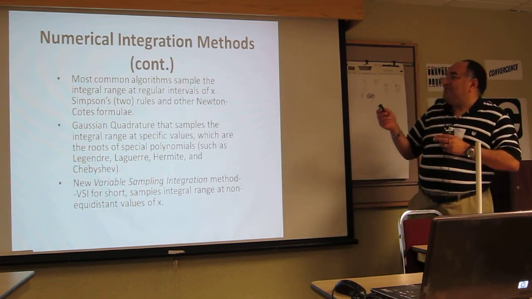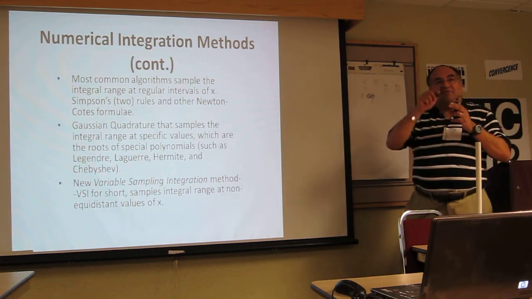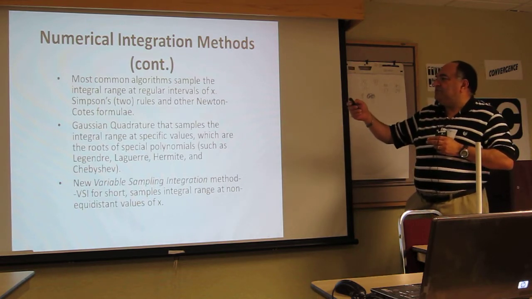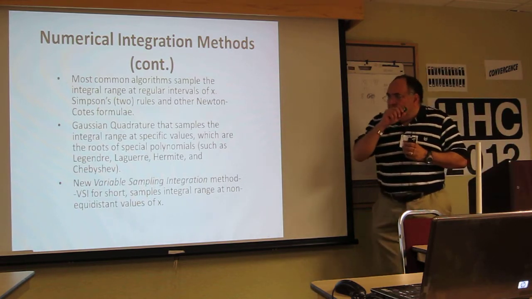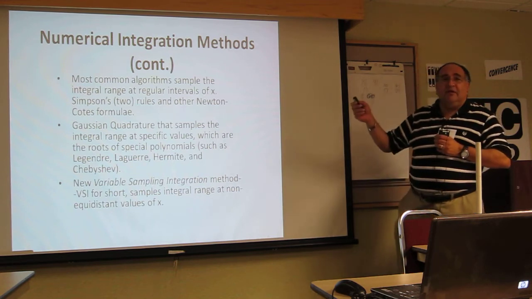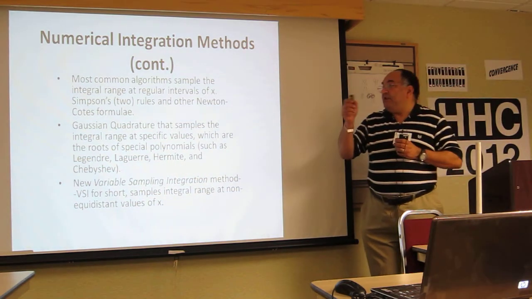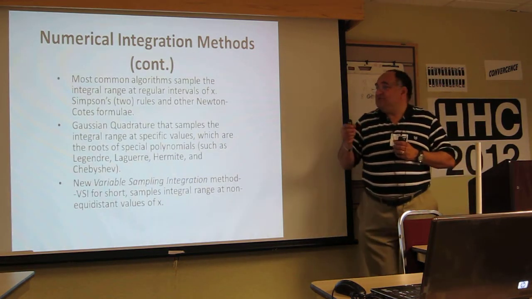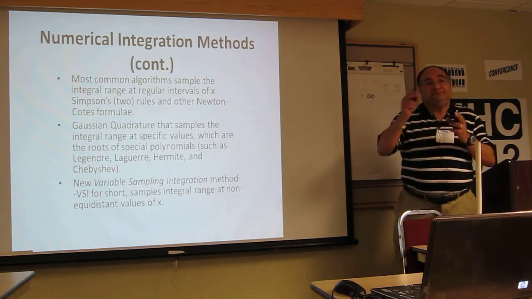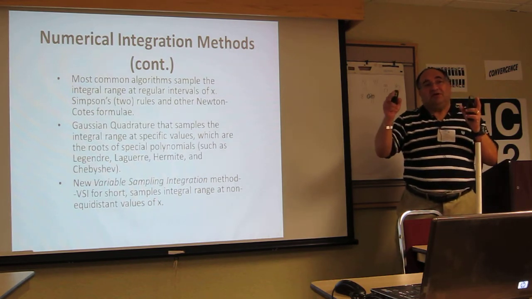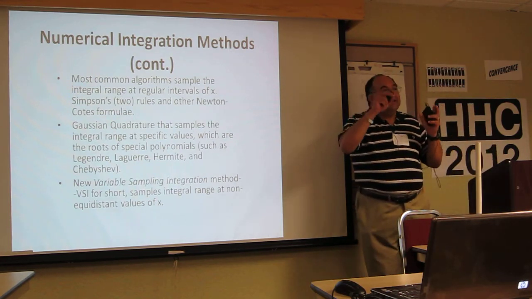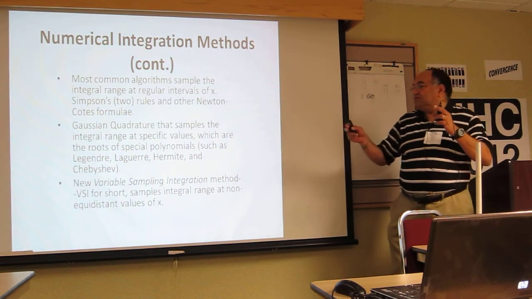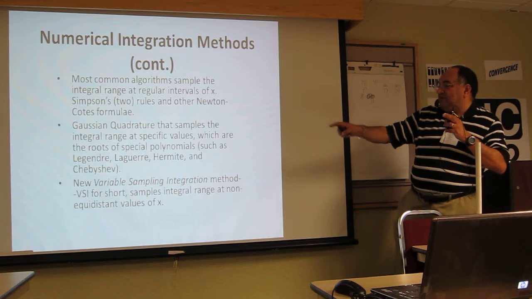Most common algorithms sample the integrals at regular x values. This includes the Simpson's 2 rules, excuse me, and other Newton-Cotes methods, open and closed. Another class of algorithms is the Gaussian quadrature, and they sample the integrals at special values that happen to be the roots of special polynomials like the Legendre, Laguerre, Hermite, and Chebyshev.